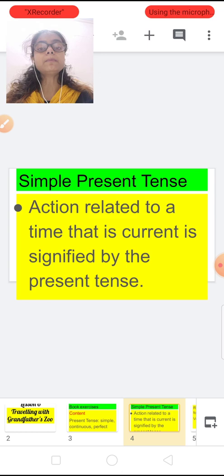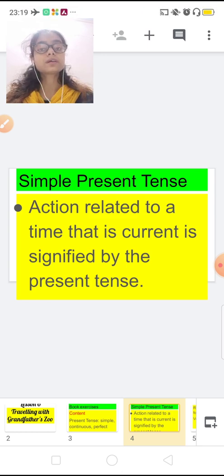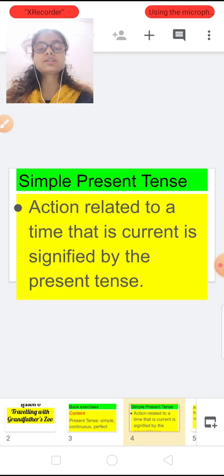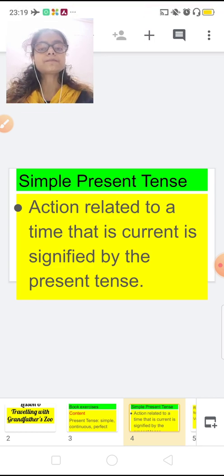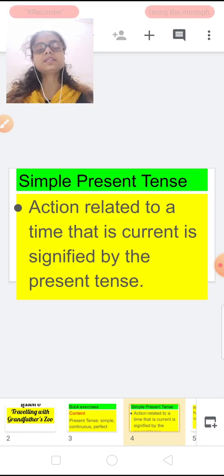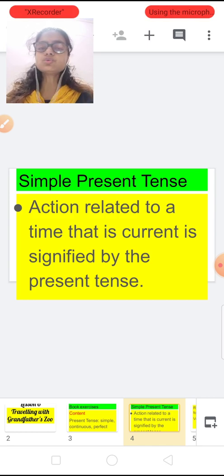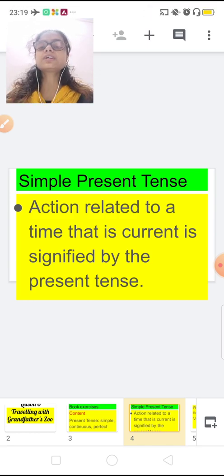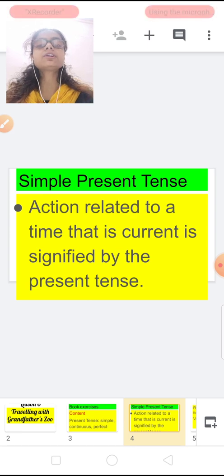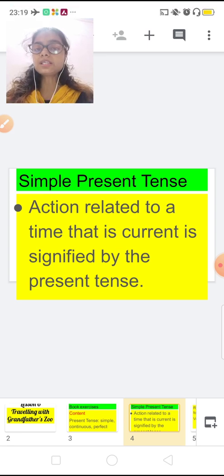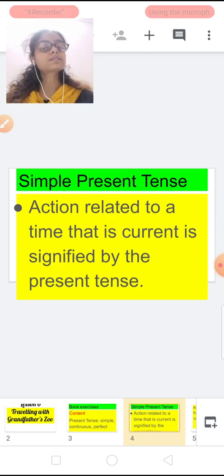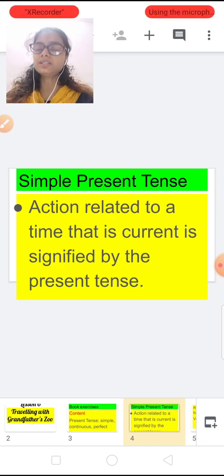So here the main word is current, meaning present day. An action that happens in the present day is in simple present tense. Generally we use simple present tense in our day to day life, but sometimes we do not recognize the grammar part of it. But yes, we use simple present tense every day.